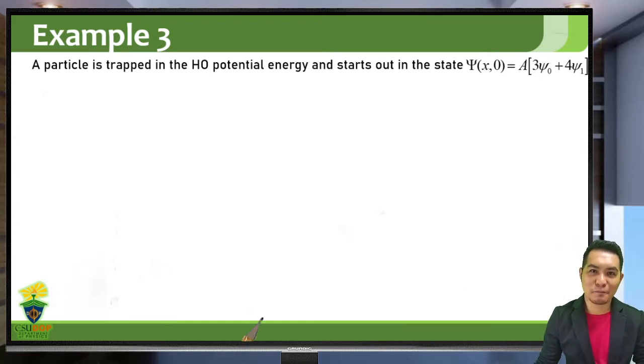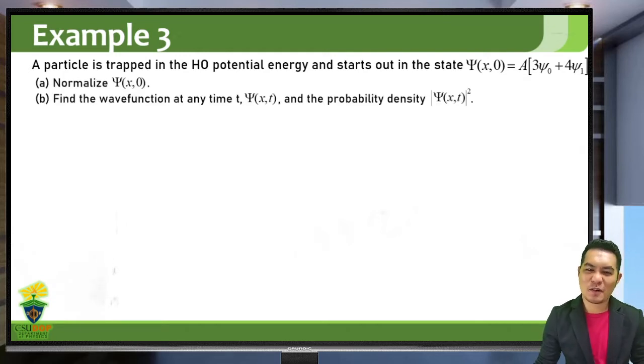Take note again, for a harmonic oscillator, the ground state is psi 0. For the infinite square well, the ground state is psi 1. So you're asked again to normalize psi, the same problem. Find the wave function at any time t and the probability density.